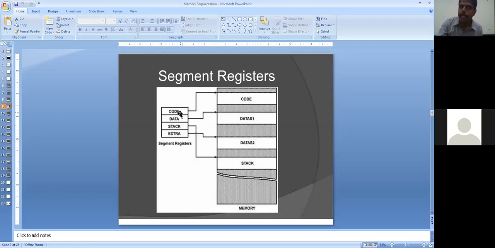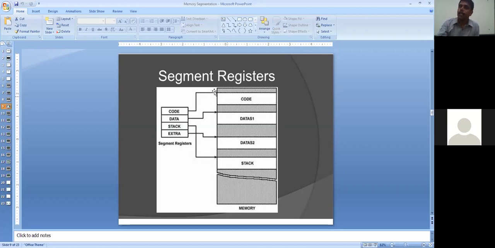The register length is only 16 bits, and it points to the starting address of that corresponding segment. For example, if we have 1234H in the code segment register, then 1234 corresponds to the starting address of the code segment.